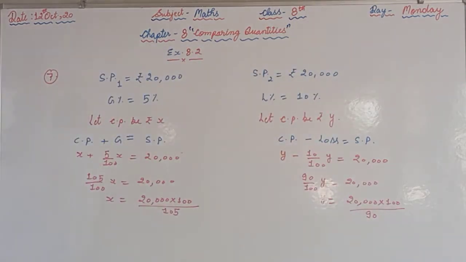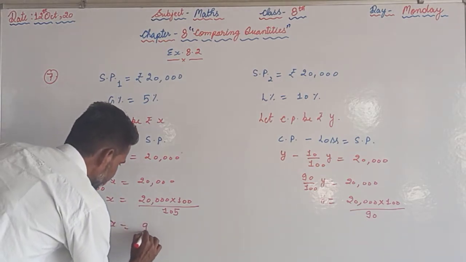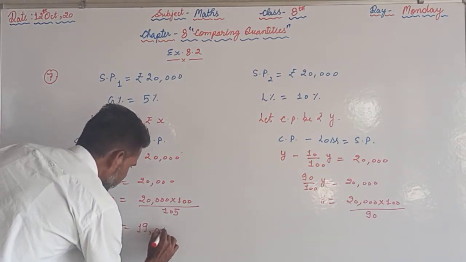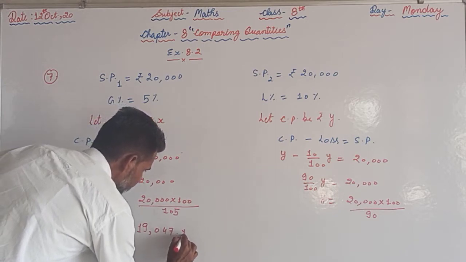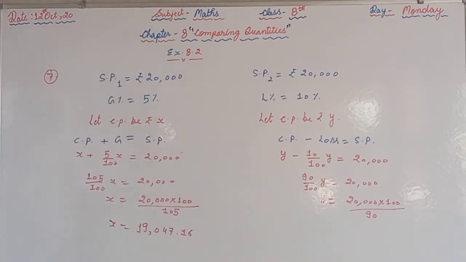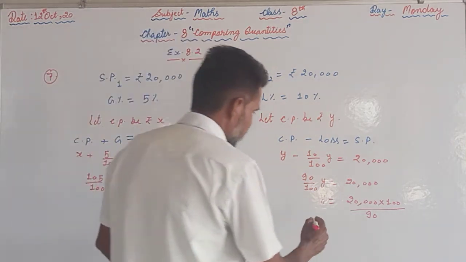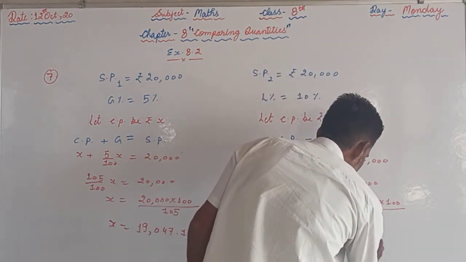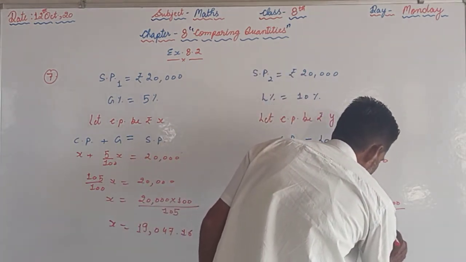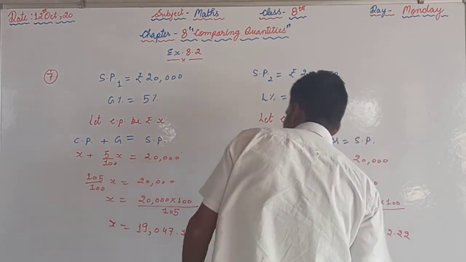So in the first case we will see that the CP is 19,047 rupees 16 paise. And in the second case we will find that the CP is 22,222 rupees and 22 paise.